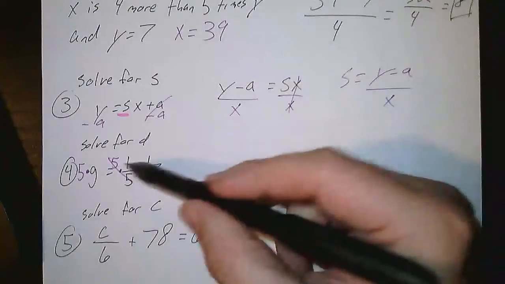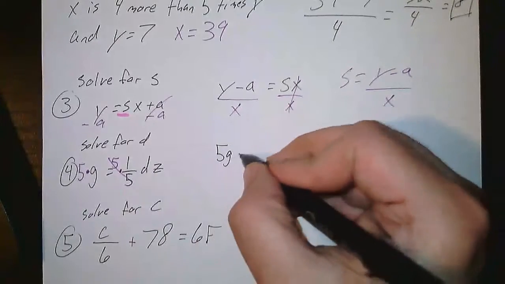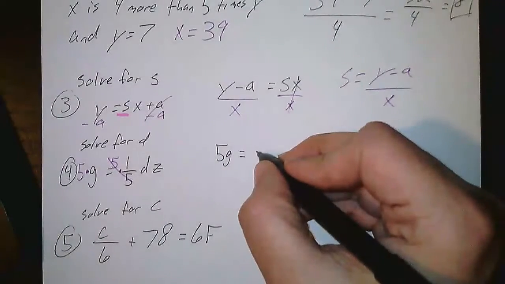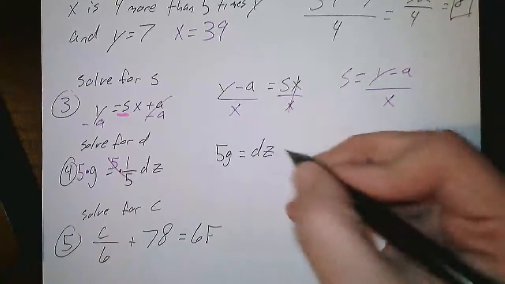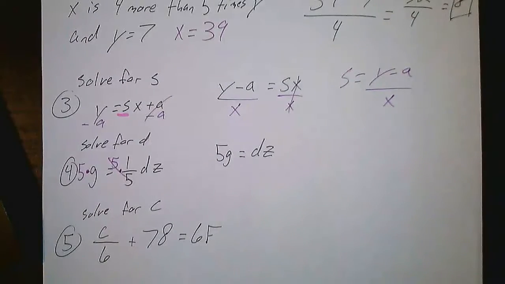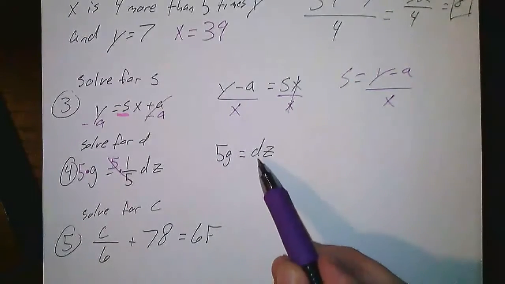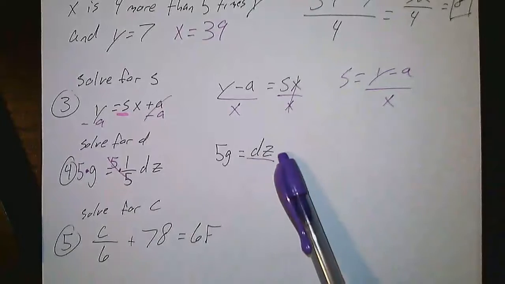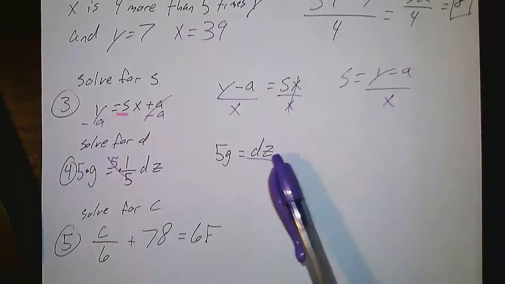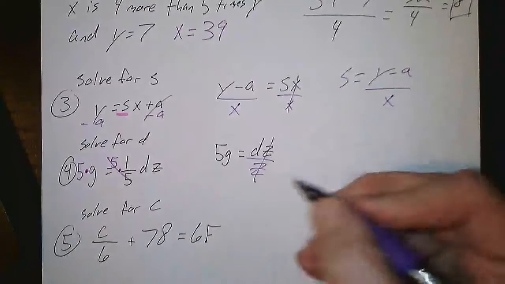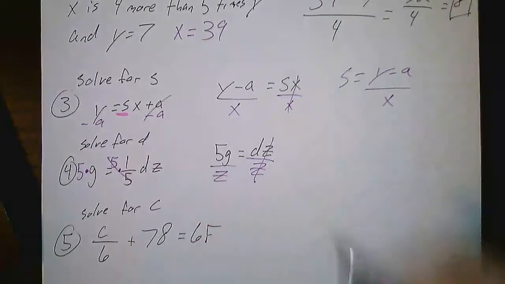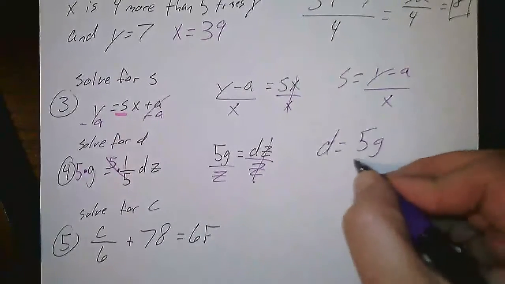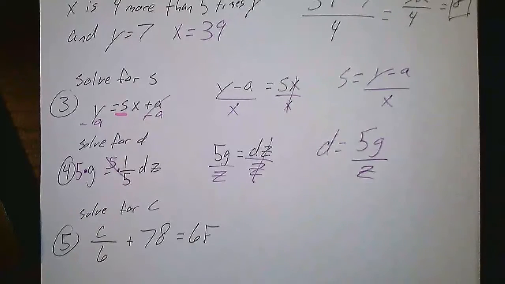So now we have 5 times g, that's 5g, equals, I don't need this coefficient of 1, because 1 dz is the same as dz. And now we can completely isolate the specified variable d. To get rid of this z that is being multiplied, we divide it out. And we do that on both sides. So d is equal to 5g over z.